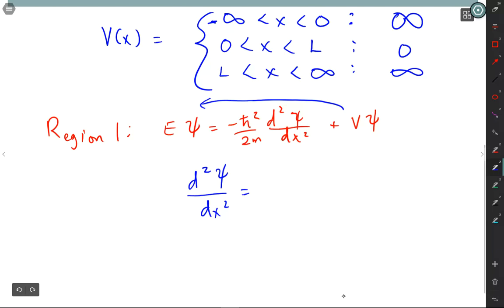So I'm going to have 2m over h bar squared, and then it's going to be V minus E, and we cannot forget the psi.